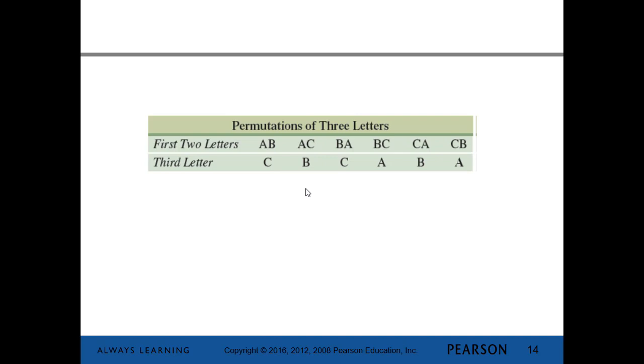Now, what about the number of permutations if just 2 of the letters are to be used? So that means we want only 2 out of the 3, and order matters. So that means we're going to do what?